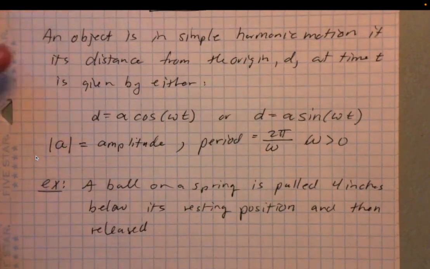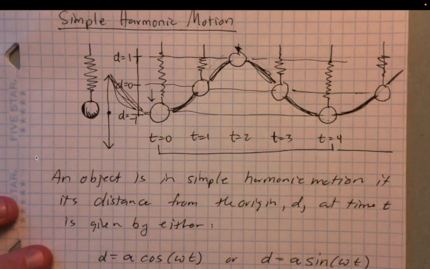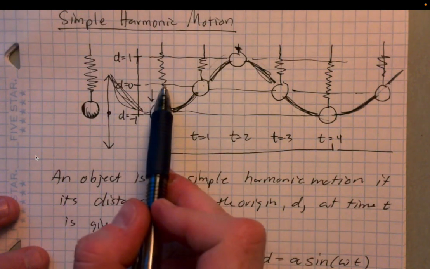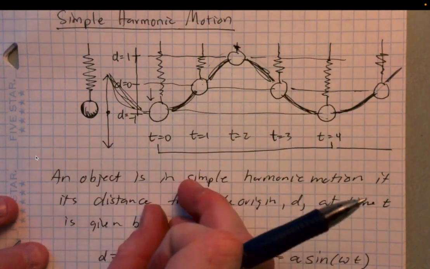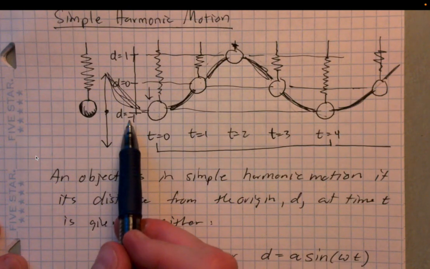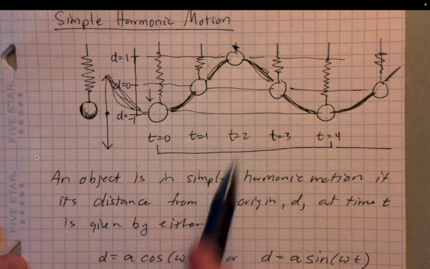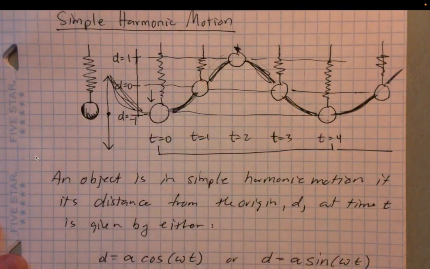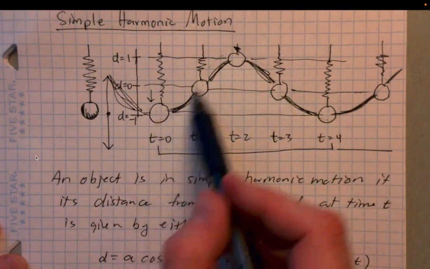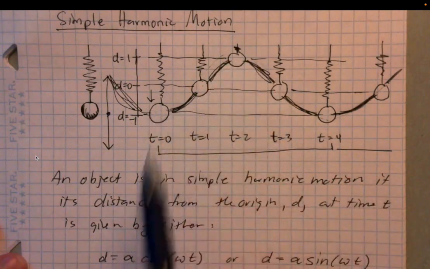So it's similar to the drawing we have up here. Here's the resting position, d equals 0, and we pulled the ball down. In this case, we just pulled it down to -1, but let's say we pull it further down to -4. And then we release it. Well, we know it's going to shoot up, and then down, and then up, and then down. And we're going to see a pattern very similar to what we have here, aren't we?